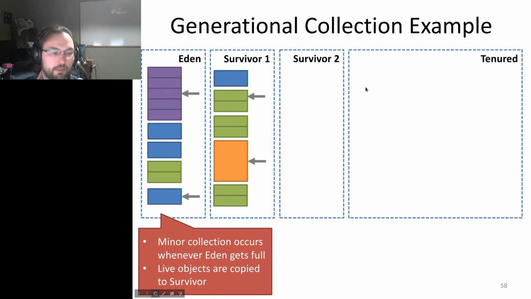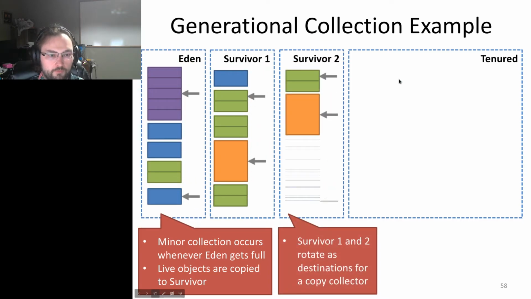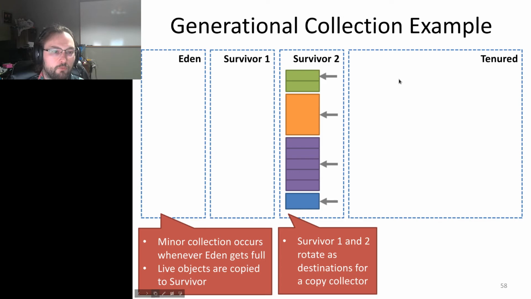So when we do this collection, survivor 1 was full, so instead of copying from Eden into survivor 1, we're copying from Eden and survivor 1 into survivor 2. We sweep, all of the objects end up in survivor 2, and we clean out Eden and survivor 1.